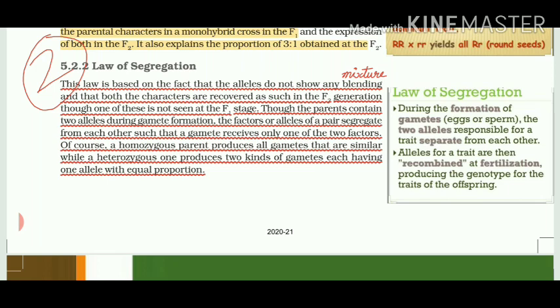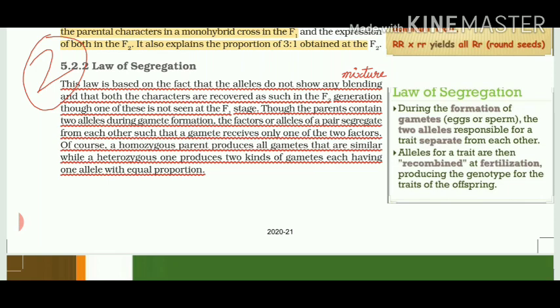Blending means a mixture. So we cannot say that if there is one red colored flower plant and a second plant with white colored flowers, the F1 generation plant will be a mixture of red and white.